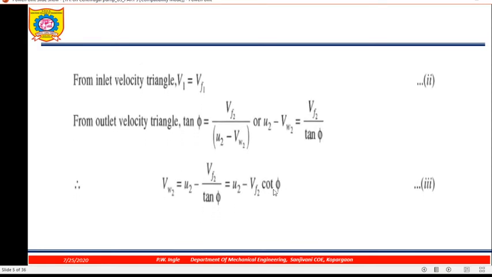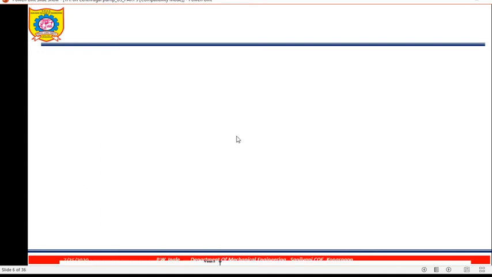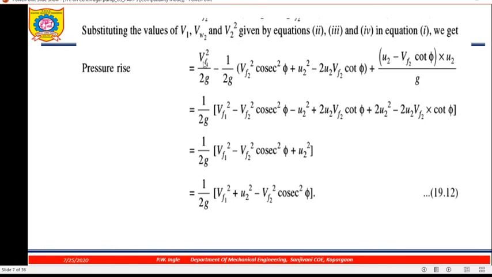V1 equals Vf1, so it is Vf1 square by 2g minus 1 by 2g [Vf2 square cosec square phi plus U2 square minus 2 U2 Vf2 cot phi] plus [U2 minus Vf2 cot phi] into U2 by g.